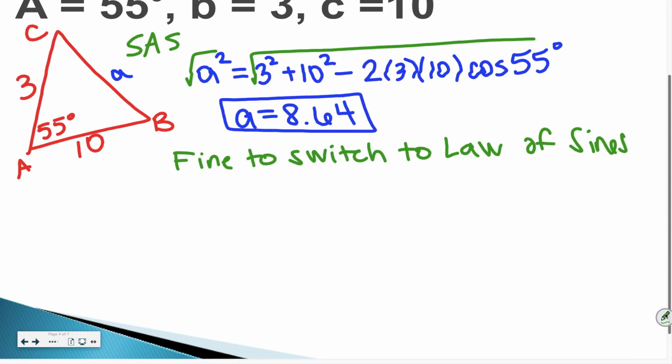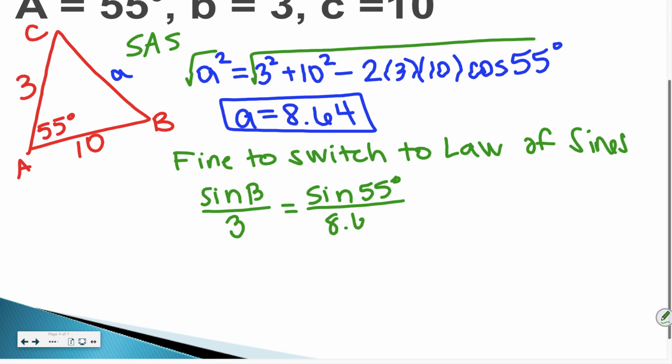So yes, it is fine to say the sine of B over 3 equals the sine of A over A. So please help me out. In your calculator, multiply this 3 over, and then since we're solving for the angle, you need to take the inverse sine of whatever that number is.